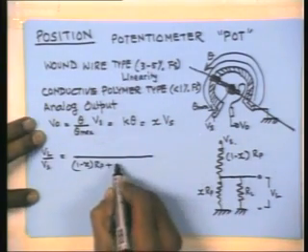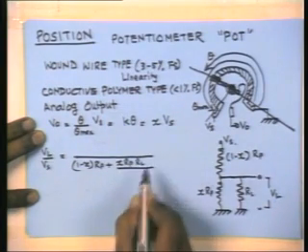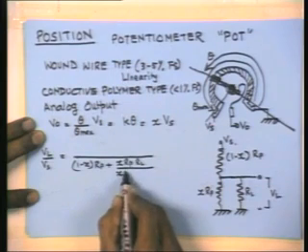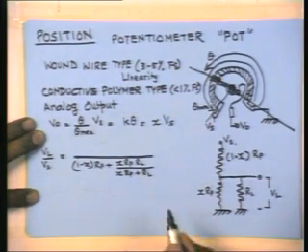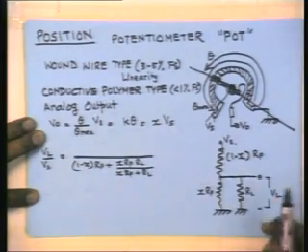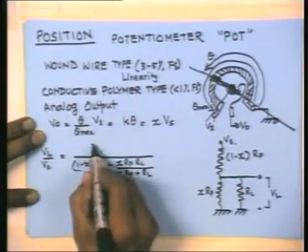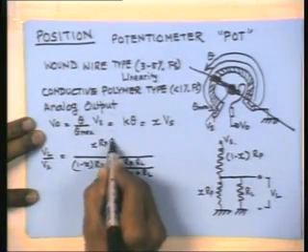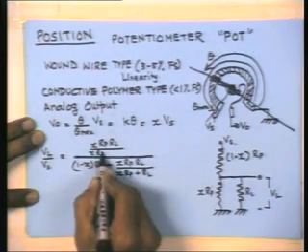So that is nothing but x times Rp RL divided by x Rp plus RL, and in the numerator you will have the parallel combination, which is x times Rp times RL divided by x times Rp plus RL.